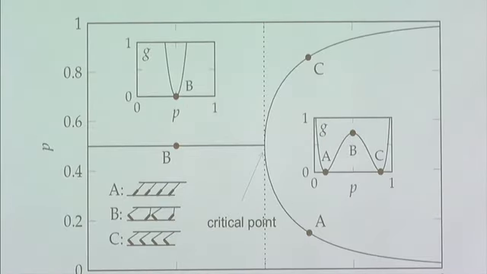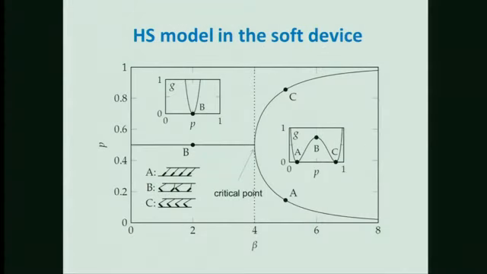Now, if you construct a phase diagram, where beta is 1 over T, in the soft device for high temperatures, we have again the disordered phase, but for low temperature, the Gibbs free energy exhibits this double well structure.